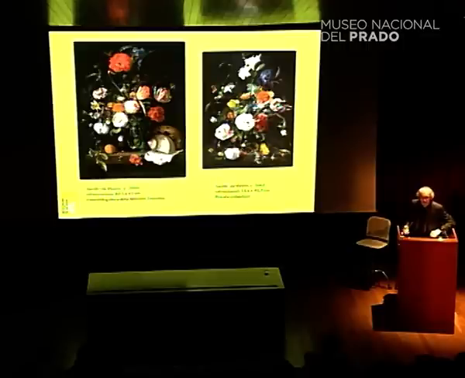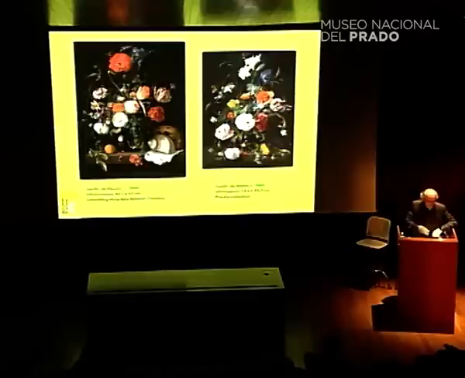So then Jan Davidsz de Heem moved to Utrecht, and there he really started to concentrate on flower paintings. He was very interested in details and in atmosphere and in painting a very realistic idea of a bunch of flowers.